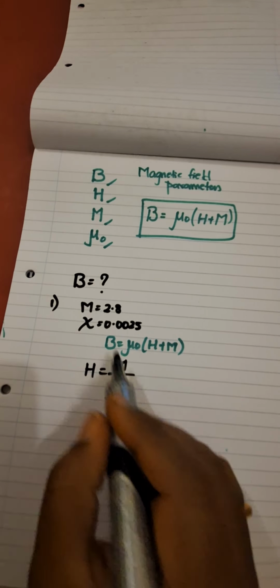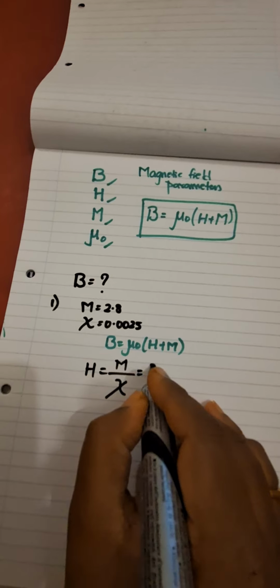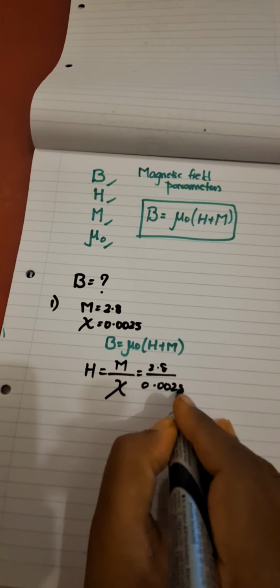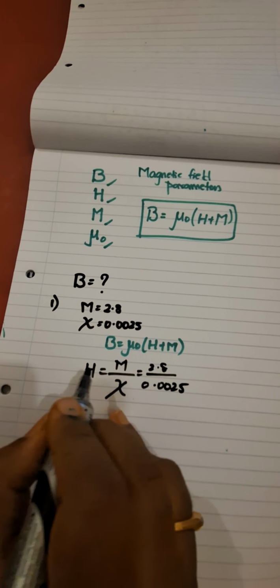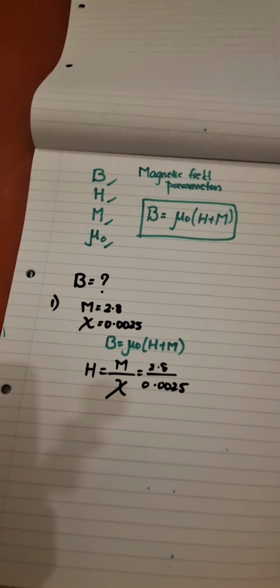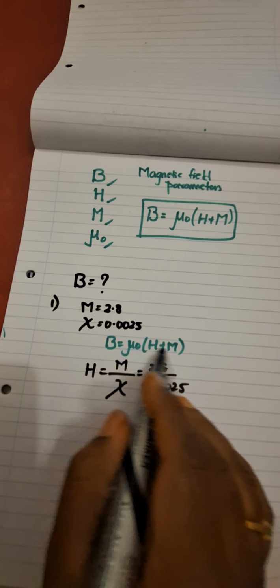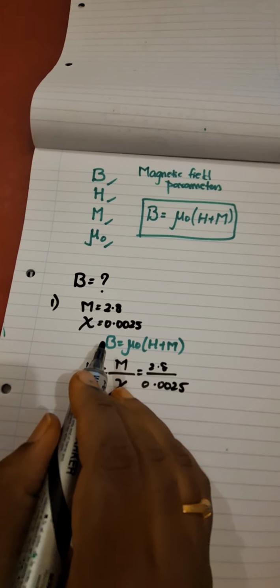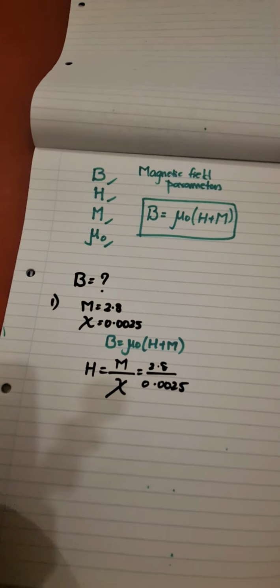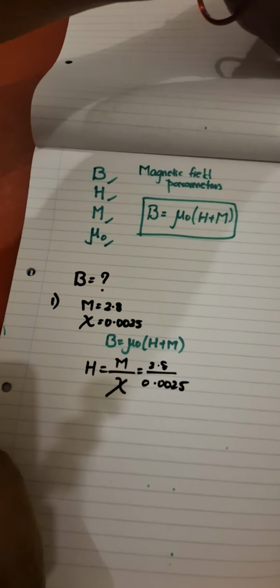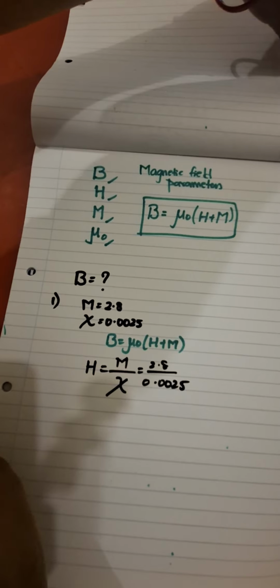We know susceptibility, we know M, so we can substitute those two values and find the magnetic field intensity. Once you get the magnetic field intensity, you know all the things. So it's not a big job to find the magnetic flux density. So always you should remember the formulas and how to relate them according to the given question. That is the main challenge.